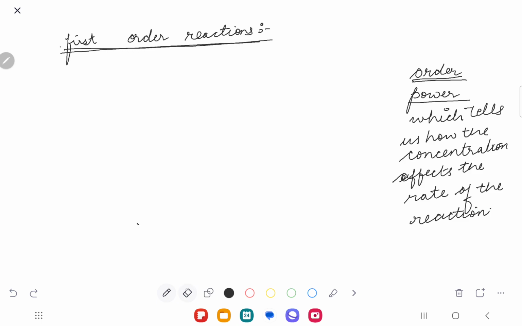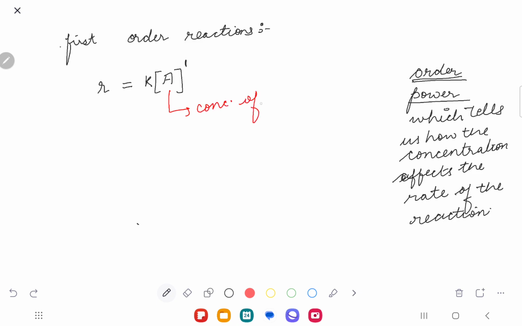So, for example, when I talk about first order reactions, I am going to say the rate is equal to some constant k times A raised to power 1. What is A here? A is the concentration of the reactant and R is the rate of the reaction.